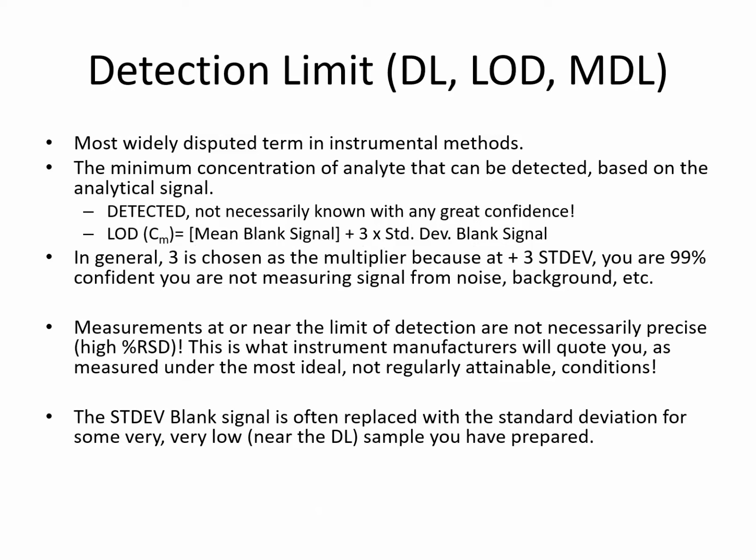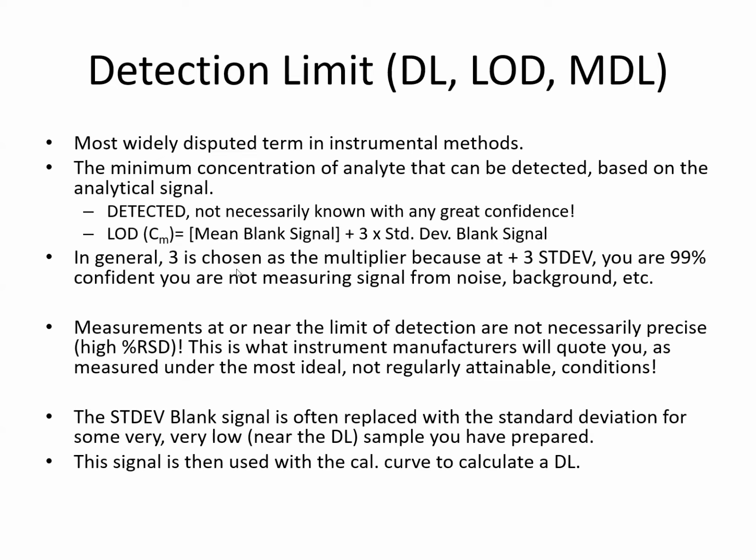This signal is then used with the calibration curve to calculate a detection limit. So the detection limit is the average of the blank signal plus 3 times the standard deviation of the blank signal. You are 99% above the blank signal.